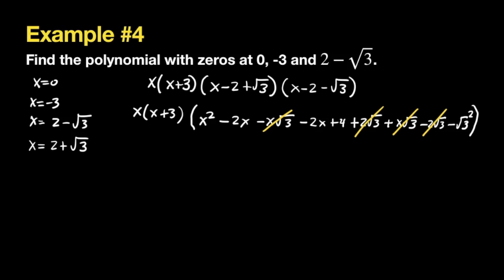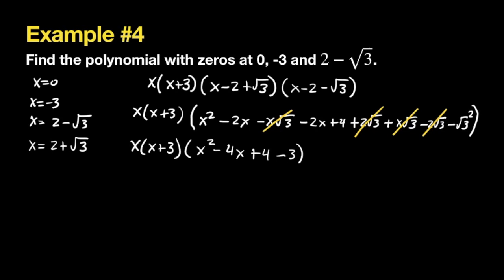So when we multiply this out and simplify, we have x to the second minus 4x plus 4 minus 3.